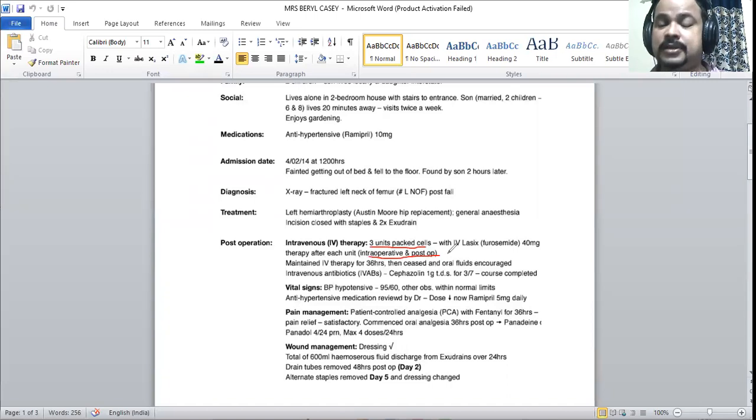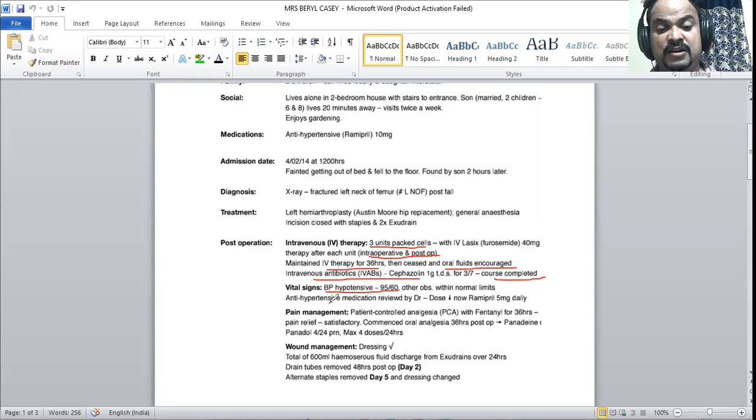So it was given during the surgery and after the surgery. Intravenous therapy for 34 hours, 36 hours. Now she is taking oral fluids. IV antibiotics, and that course is completed. Hypotensive.